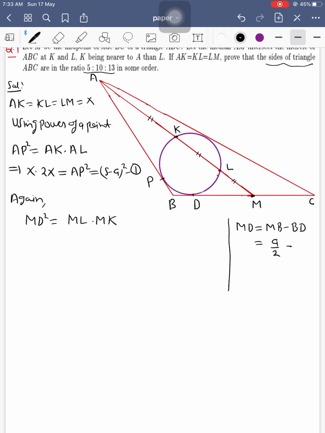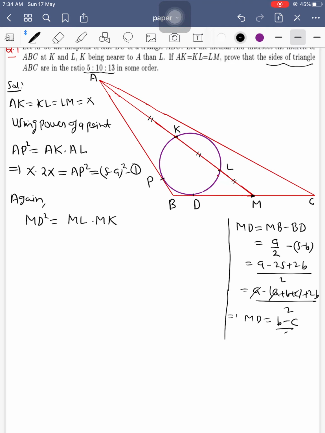BD is actually the length of tangent to the incircle through the vertex B. Therefore the length BD is S minus B. We can write A by 2 minus (2S minus 2B) by 2. That is A minus (A plus B plus C) plus 2B, by 2. This implies MD equals B minus C by 2.